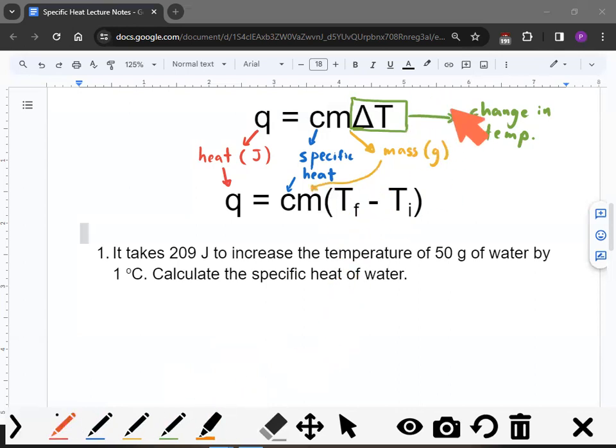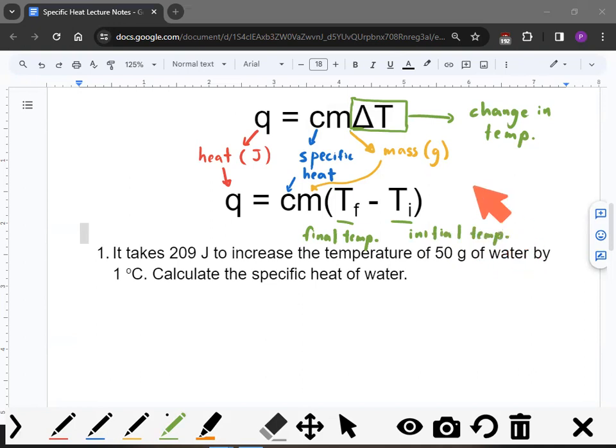So this first equation, we use it when we know the change in temperature. So the problem tells you, hey, the object got 10 degrees hotter, or it got 20 degrees colder. But for this one, we use this equation when we have two different temperatures. TF represents the final temperature, and TI represents the initial or the starting temperature.